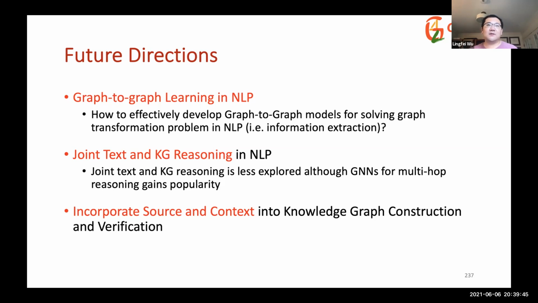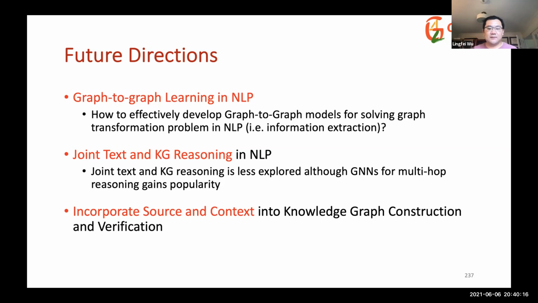So we are talking about how to translate the input text into an AMR graph. That is also a graph translation problem if we treat the output as a graph. And finally, we can also consider joint text and knowledge graph reasoning in NLP, so that we are not only using GNNs for multi-hop reasoning, but also exploring the knowledge from both the knowledge graph side and the text side, to do more effective reasoning.